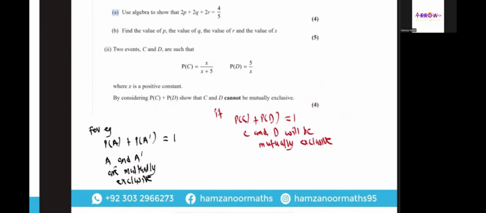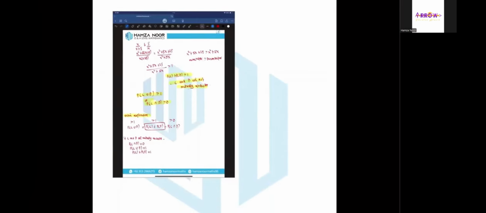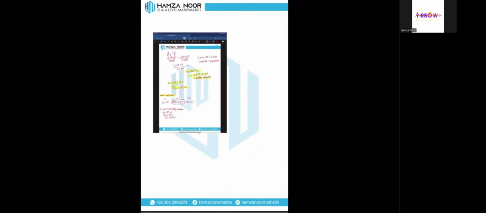In this case, we are considering the sum of the probability of C and D. So if you get a value which is not equal to 1, this means that C and D will not be mutually exclusive. Okay, so here we start the working on this page.